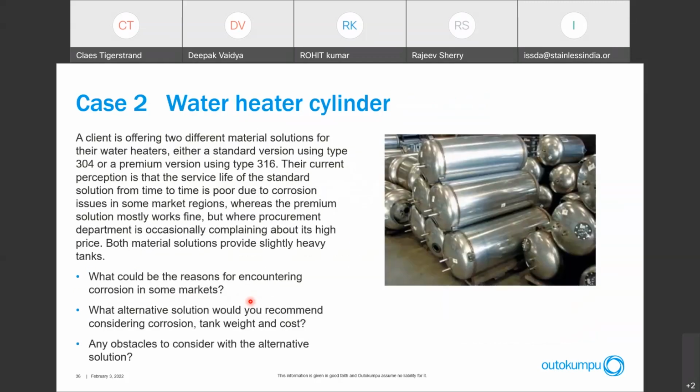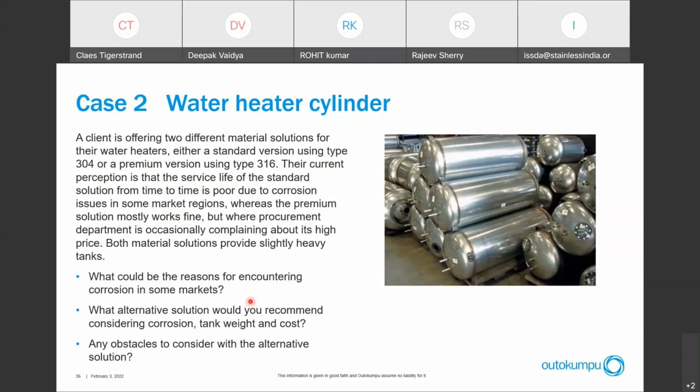If we continue here with a second case, we consider a water heater cylinder. So a client is offering two different material solutions for their water heaters. They use a standard version 304, or they have a premium version using a 316.